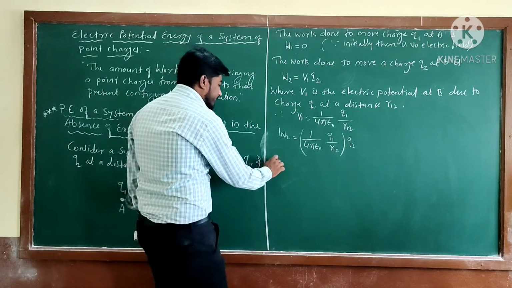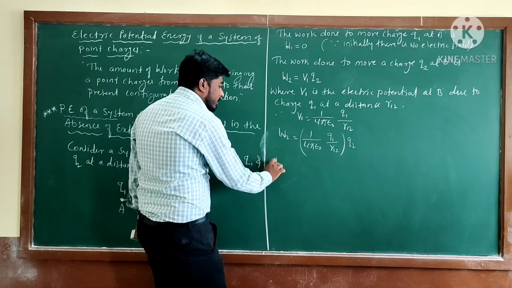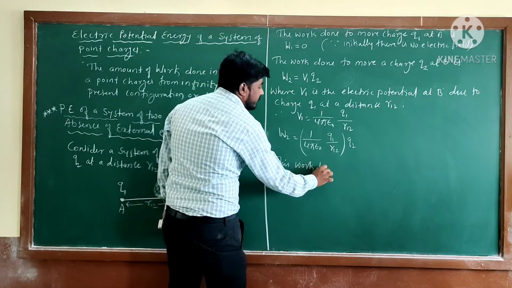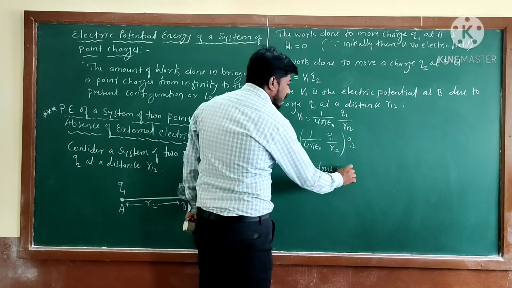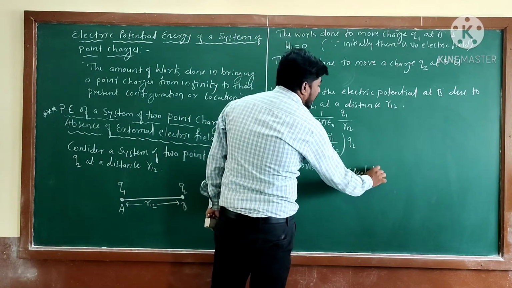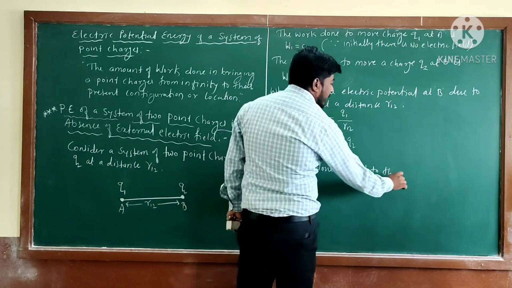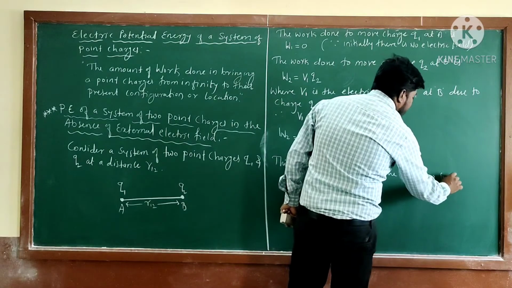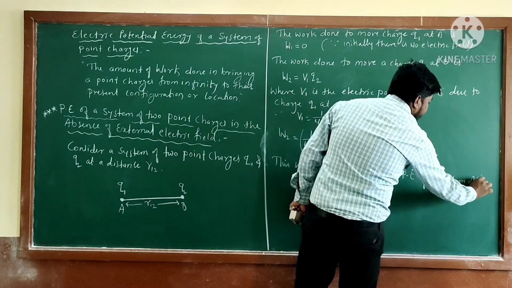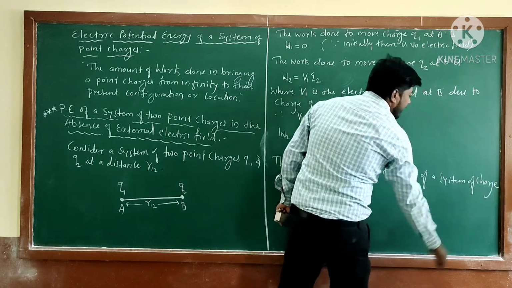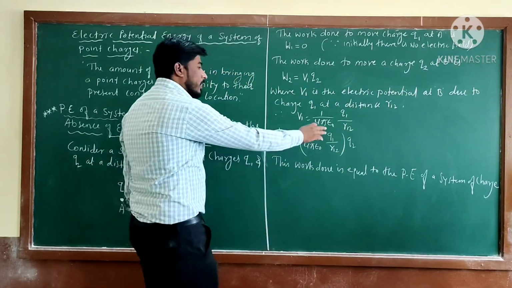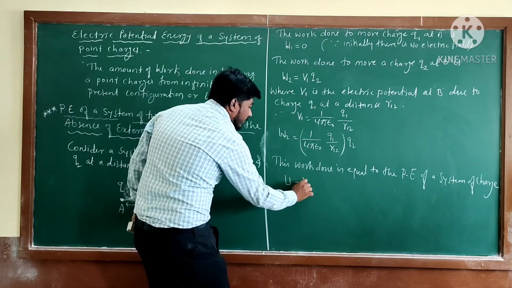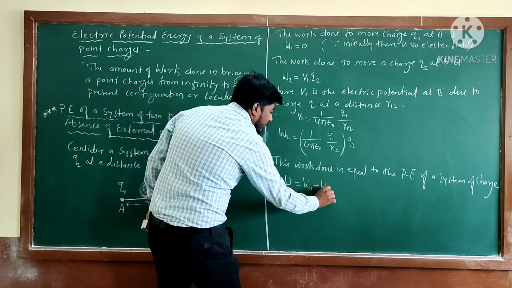Okay? Now this work done is equal to the potential energy of the system of charges, that is, U is equal to W1 plus W2.